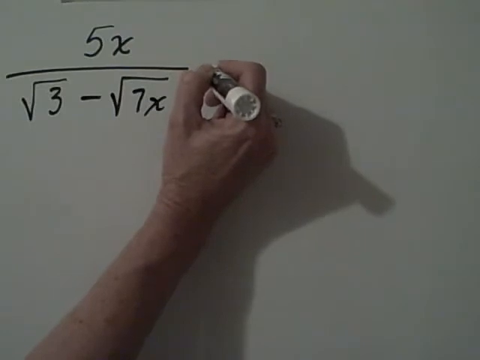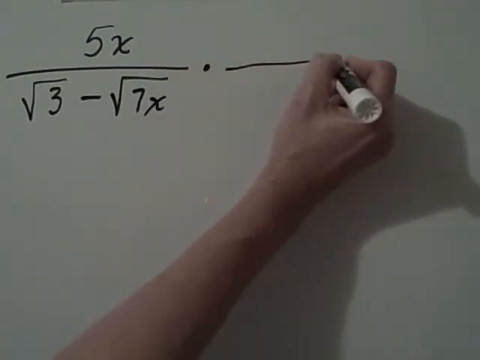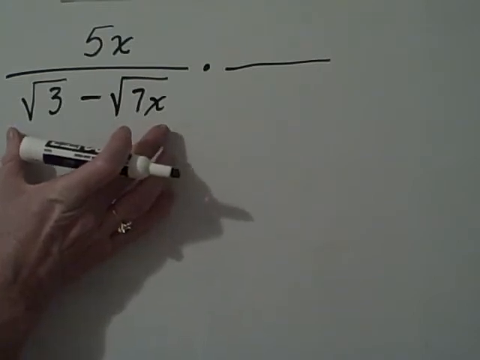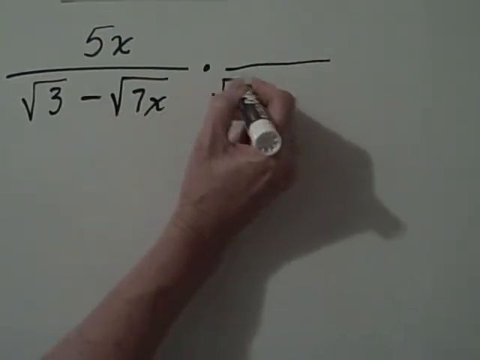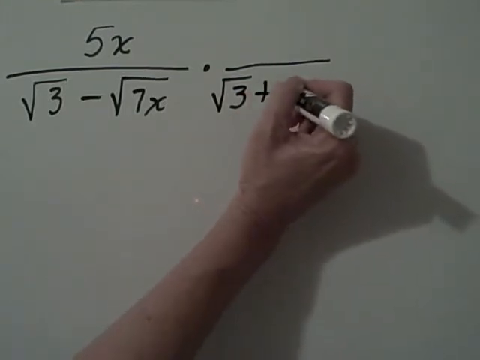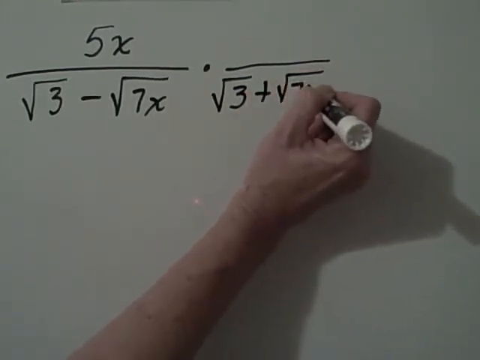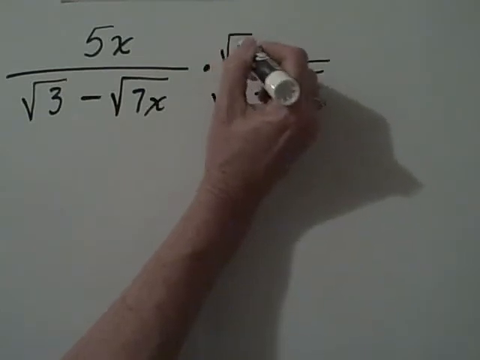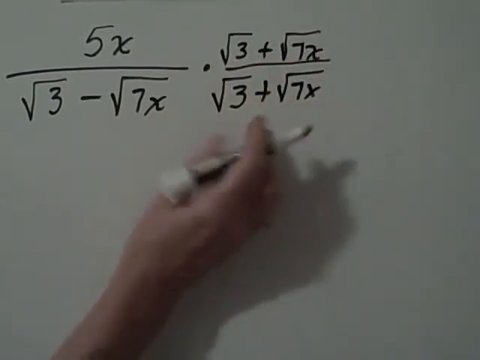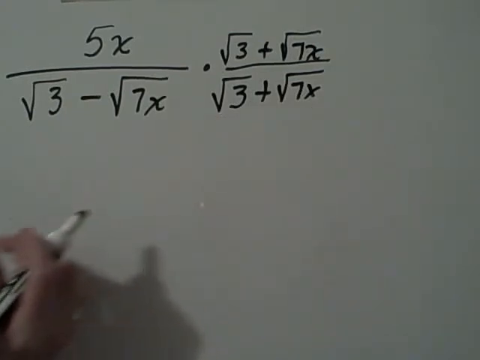We're going to multiply by 1, and we're going to multiply by the conjugate that is down here in the denominator because we have 2 terms. So we're going to multiply by the square root of 3 plus the square root of 7x, both in the numerator and the denominator, because again this is 1.